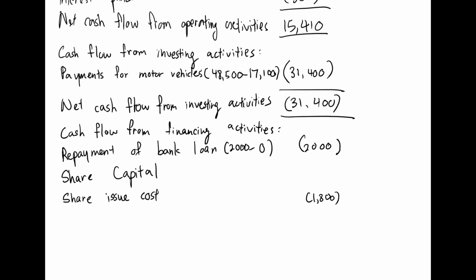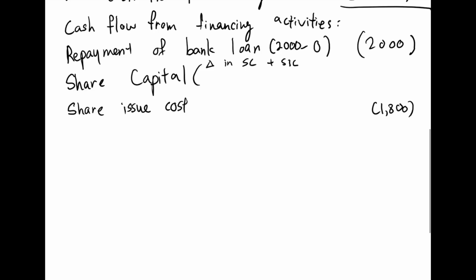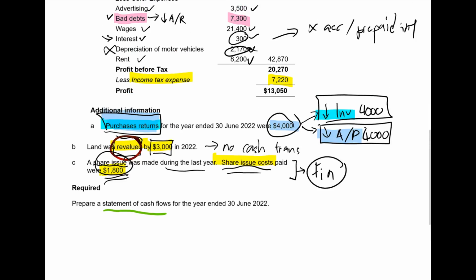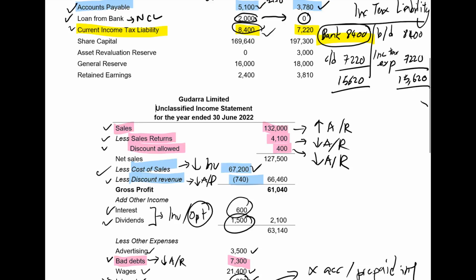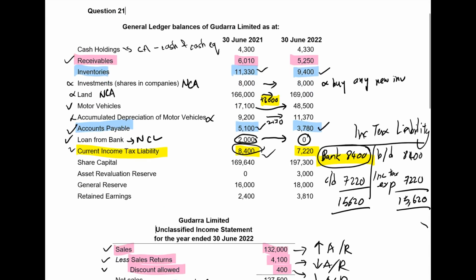And for your share capital, you need to find the difference in your share capital, and then you have to add your share issue costs. So how do you find the difference in your share capital? You take the closing balance minus the opening balance for share capital.